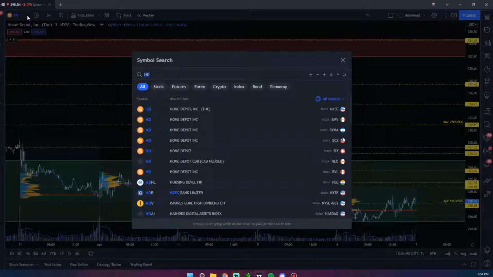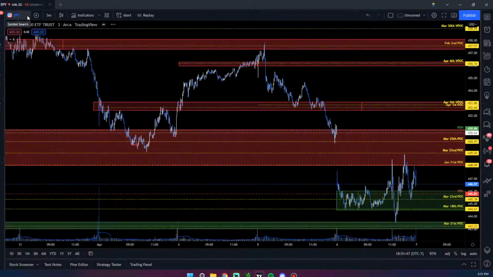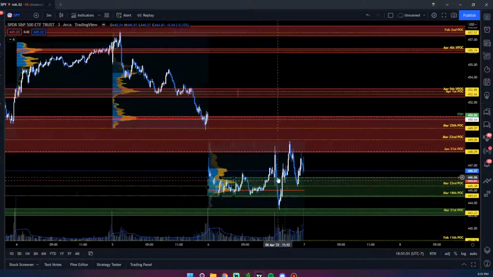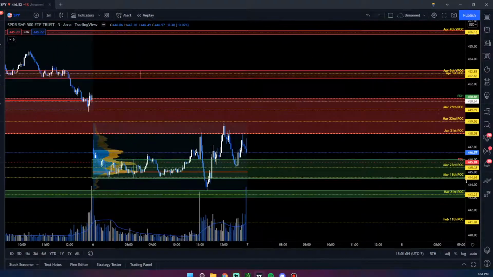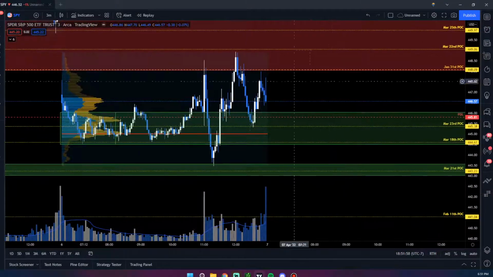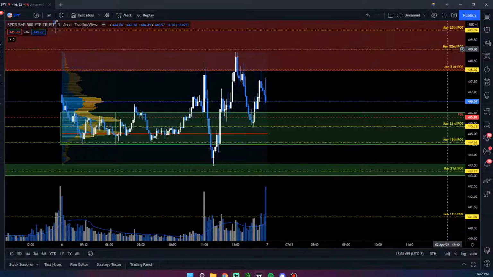If I go to my SPY chart, you know, like the last couple of days on SPY, if you have these levels, you really can't miss. So here's a March 22nd POC, January 31st POC, down here, March 21st POC, and then in the middle we have the March 23rd POC.